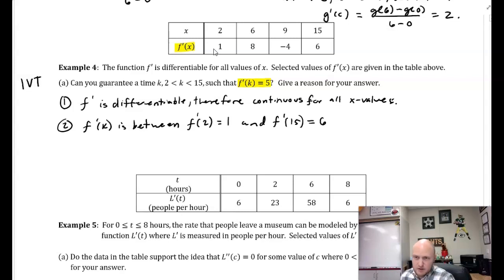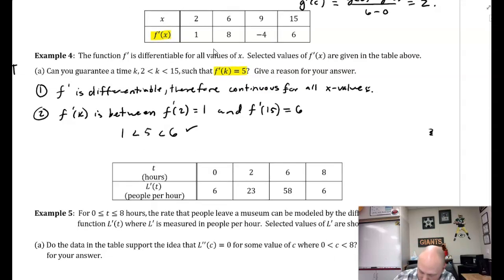So our f prime of k is 5. So I can say, 1 is less than 5, which is less than 6. Check. There it is. So what is our conclusion?